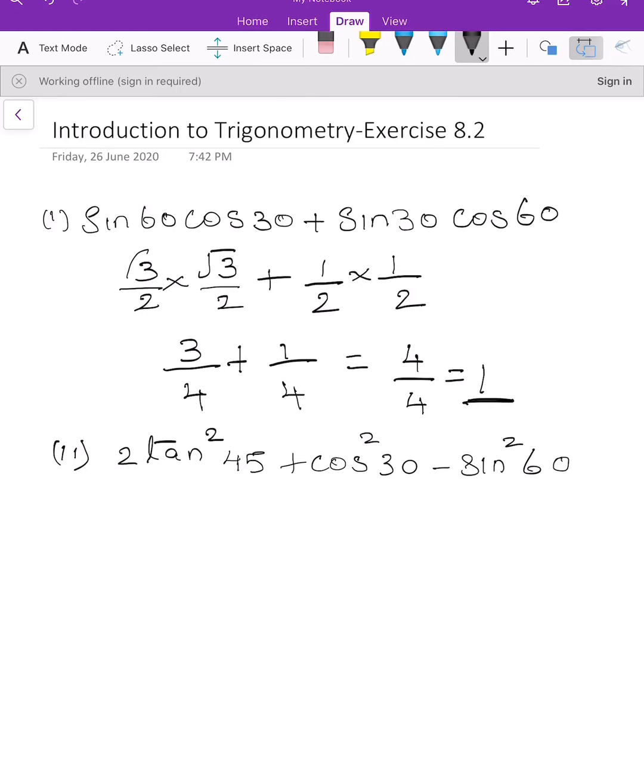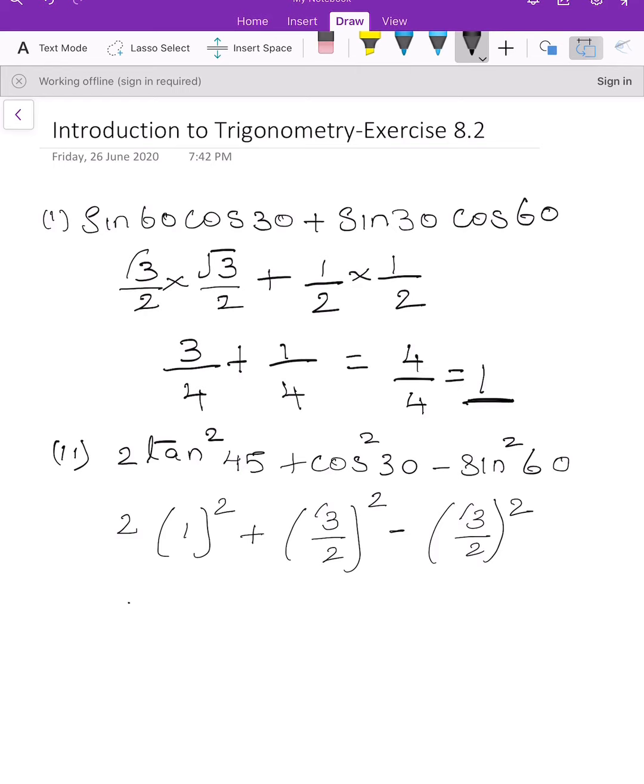Apart from the evaluate, 2 tan 45: the value of tan 45 is 1, and I am squaring it, plus cos 30 is root 3 by 2, I am squaring it, minus sin 60 is also root 3 by 2, the whole squared.